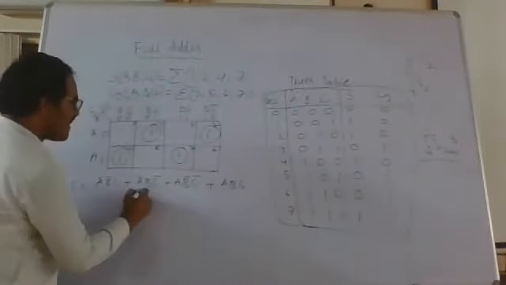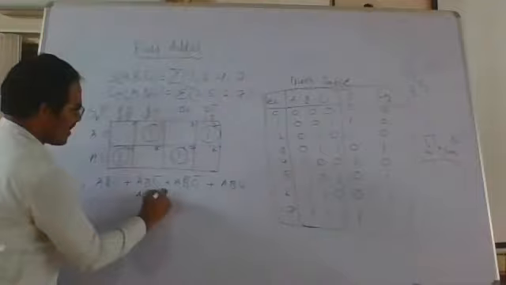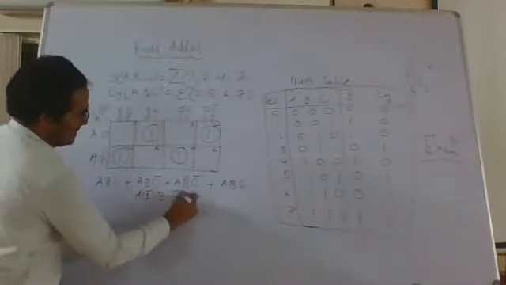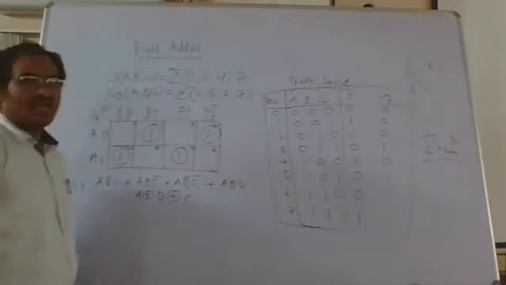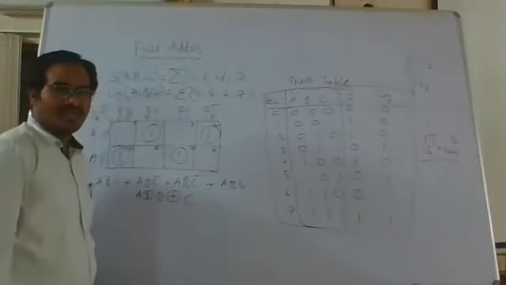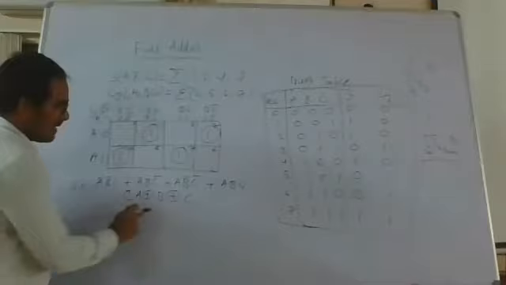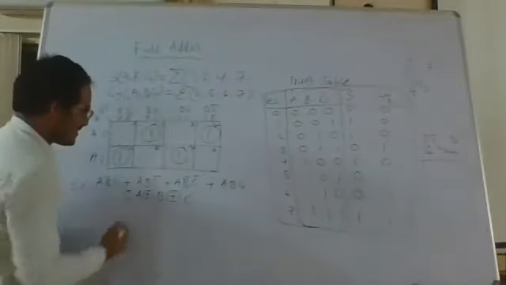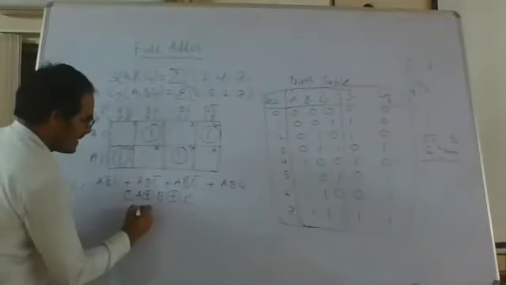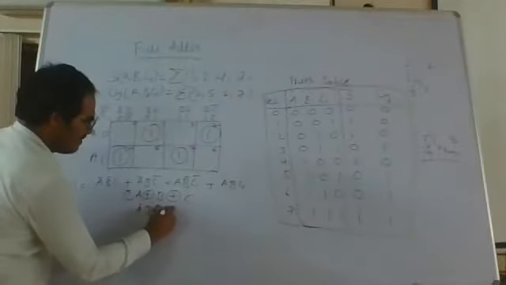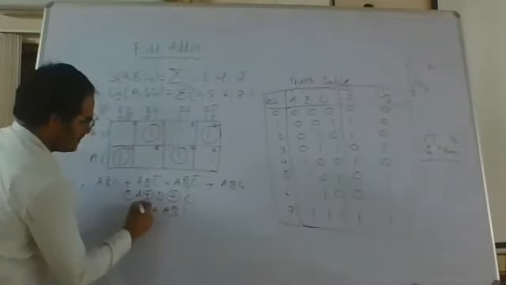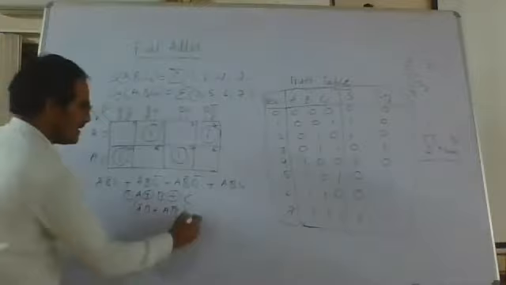So this is the expanded form of A XOR B XOR C. You can obtain this expression by writing the expanded form of the XOR. A XOR B can be written as A bar B plus A B bar.